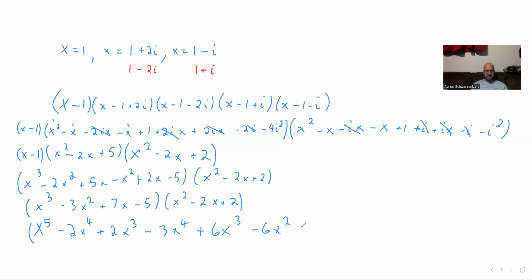Now we're on to 7x times all three in the final parentheses. So 7x cubed minus 14x squared plus 14x. And finally, 5 times the final parentheses, or -5, plus 10x minus 10.